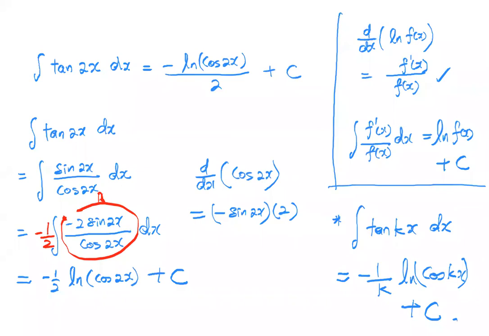But I can also change the question in such a way that you cannot just apply the formula. I say, show that the integral of tangent 2x is equal to negative ln cos 2x over 2. If I ask you to show, you have to work all this out. So it depends on what I want to test you. That's why if you want to be an A+ student, you have to know everything.